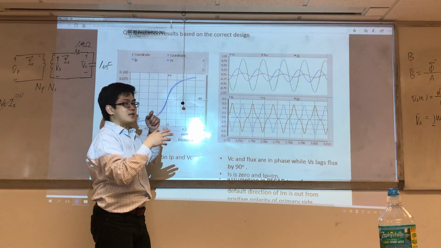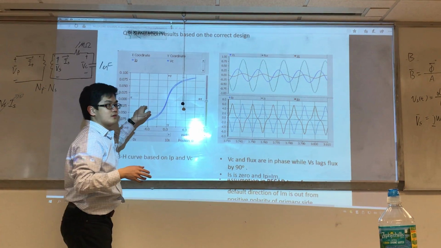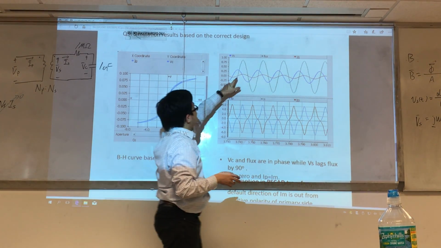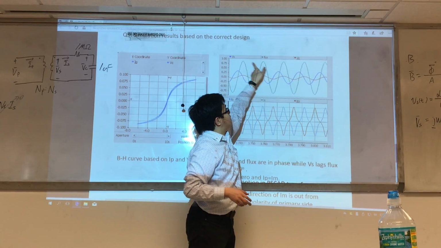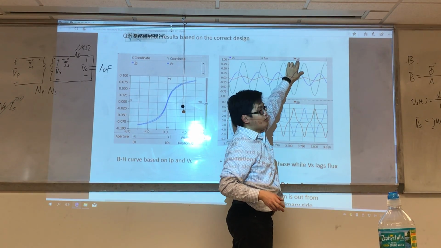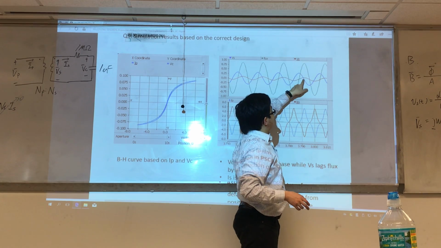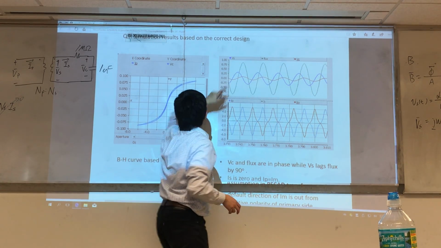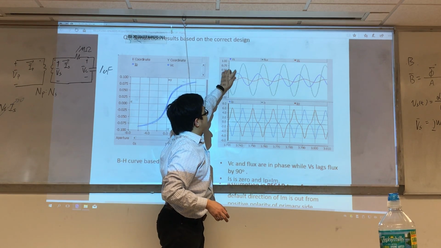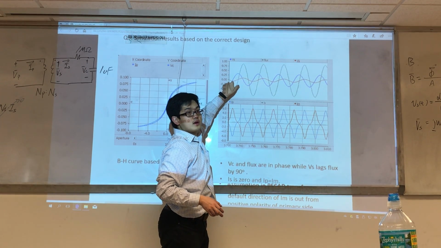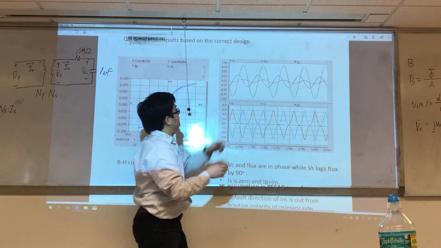You need to use voltage and current to plot the curve. I just want you to see the flux. The flux is in phase with your capacitor voltage. But your Vs has a 90-degree phase difference with flux and Vc.